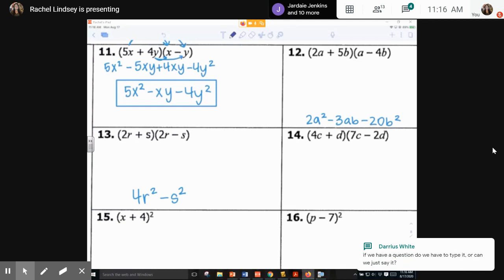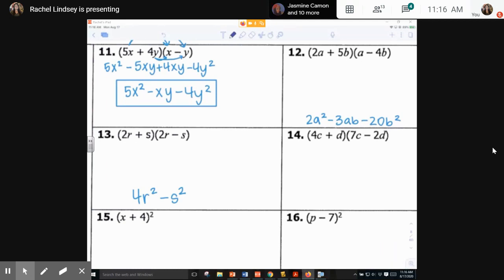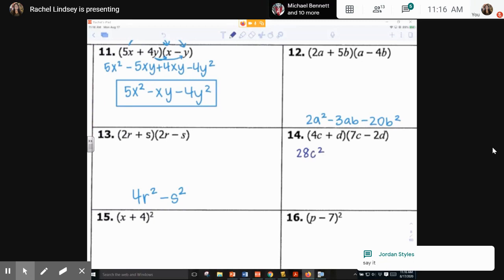Okay, somebody tell me what 4c times 7c is. 28c squared. Okay, then 4c times negative 2d. What's 4 times negative 2?